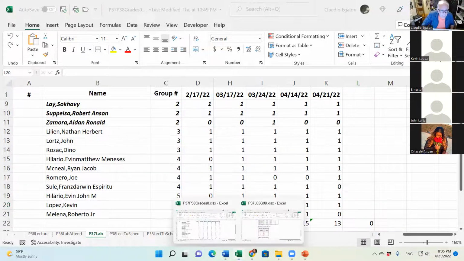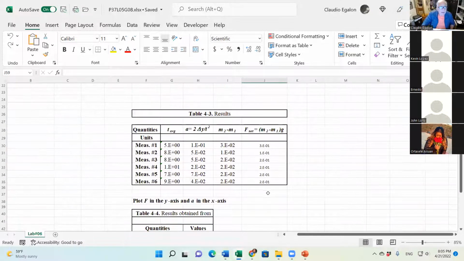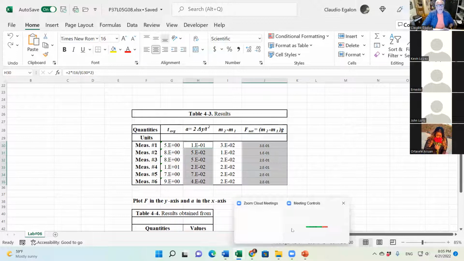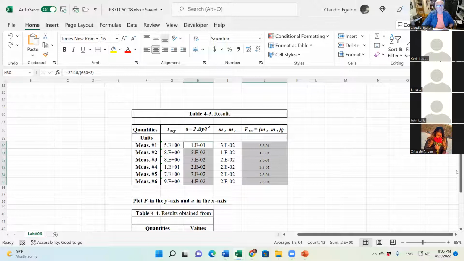So go to your spreadsheet and plot this and this. Okay, the larger the force, the higher the acceleration. That's what you're supposed to do. This experiment works very well, by the way.